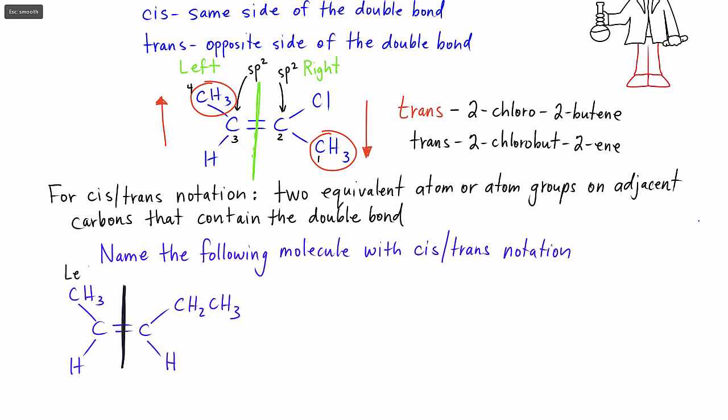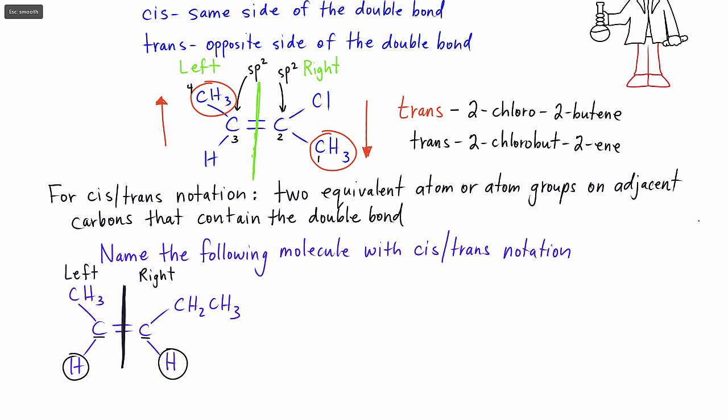We want to write left side, right side, with respect to these two carbons that are in the double bond. Now, I want to look at each carbon and see, do I have an equivalent atom or atom group on the left and the right carbon? Well, guess what? We do have one.